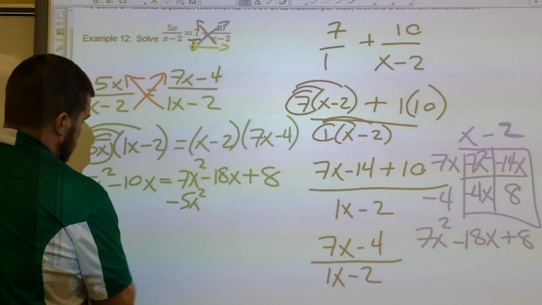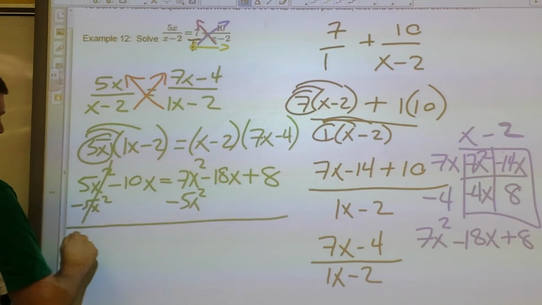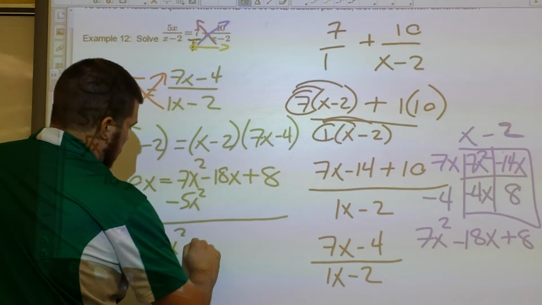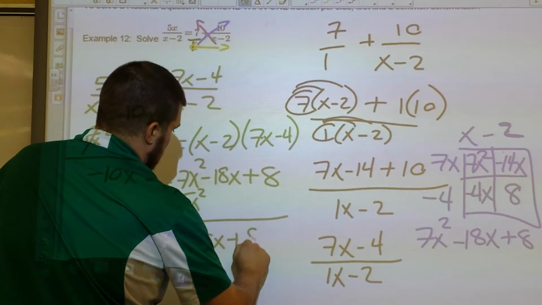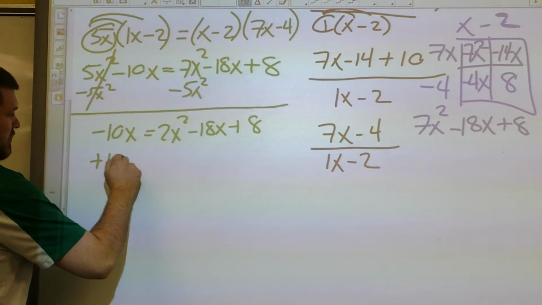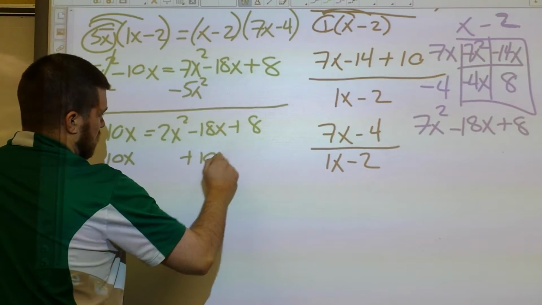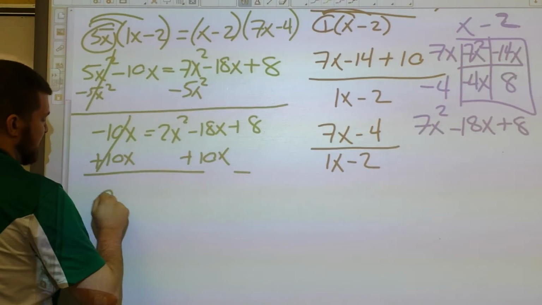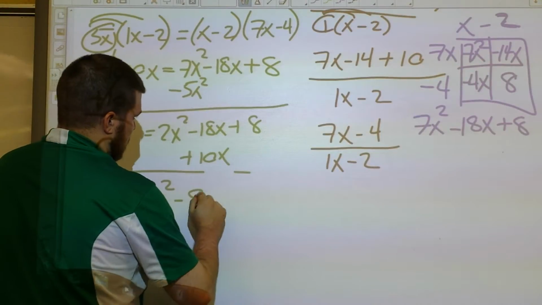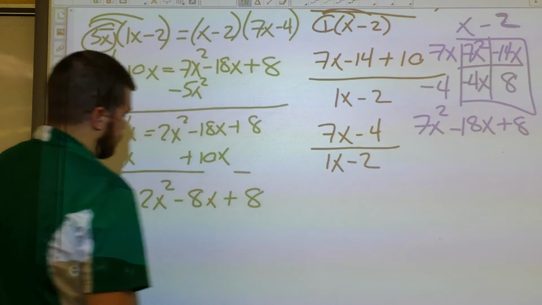I'm going to do this in 2 steps just because it's so much stuff. So negative 10x equals 2x squared minus 18x plus 8. And then finally, I want to add 10x. So 0 equals 2x squared minus 8x plus 8.